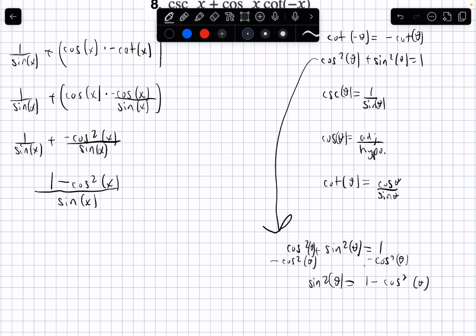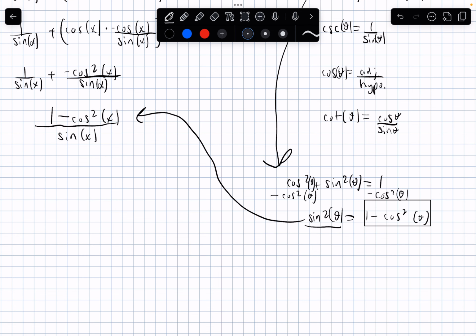And what we are given in our problem is literally this value. So we can use substitution and substitute this value in for 1 minus cosine squared of x. We plug this in right here, because that's where 1 minus cosine squared of x is. So we go sine squared of x over sine to the first power of x.